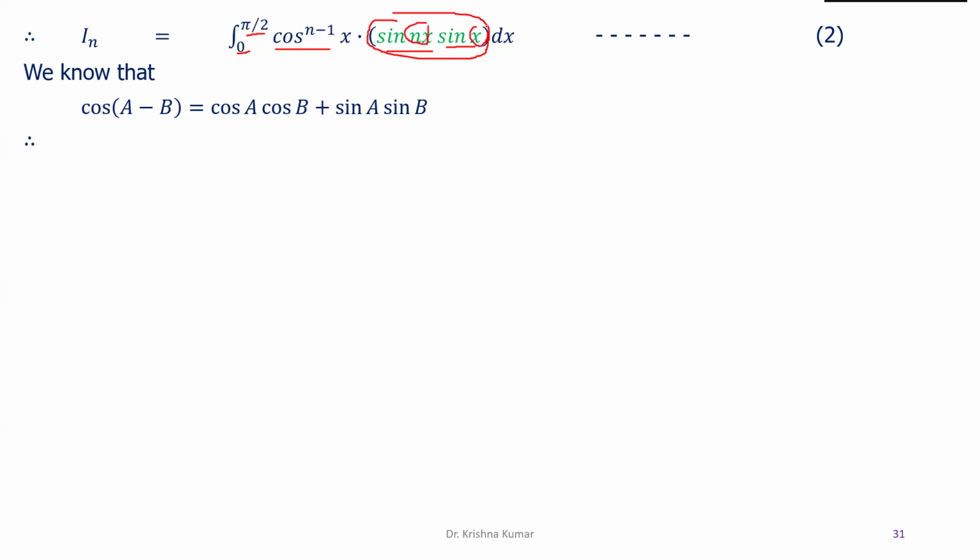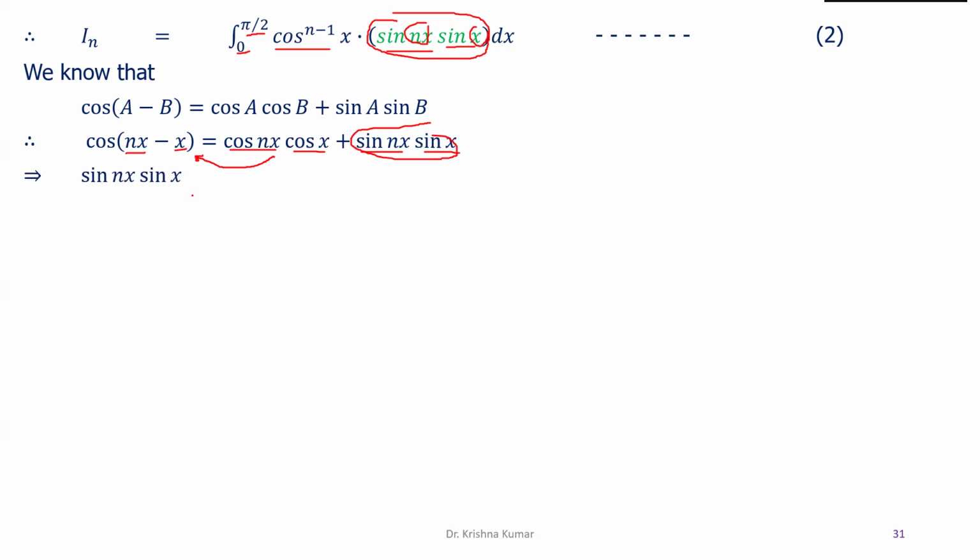So let us substitute: cos(nx minus x) is nothing but cos nx cos x plus sin nx sin x. We have to transpose this to the left hand side. Then we have the value of sin nx sin x, which is nothing but cos(n minus 1)x minus cos nx cos x.